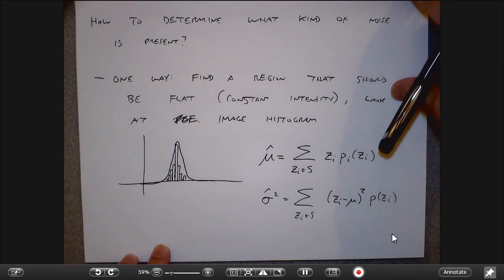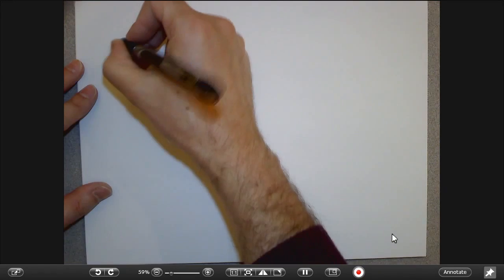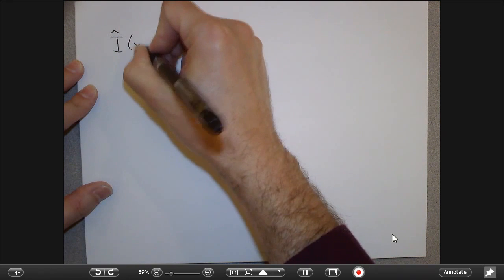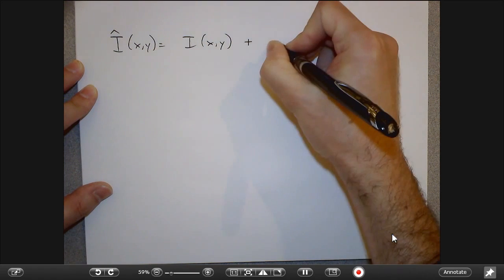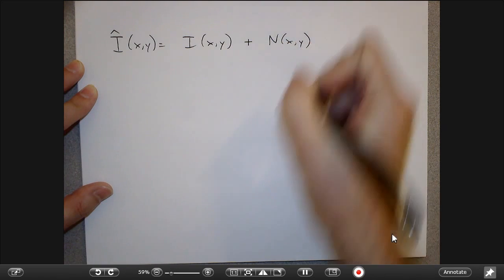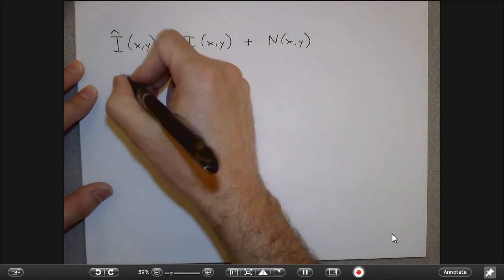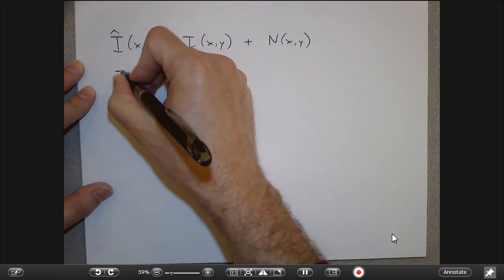And so now let's think about the situation where I've got my corrupted image, which is my original image plus this noise. And in the frequency domain, it's kind of similar.